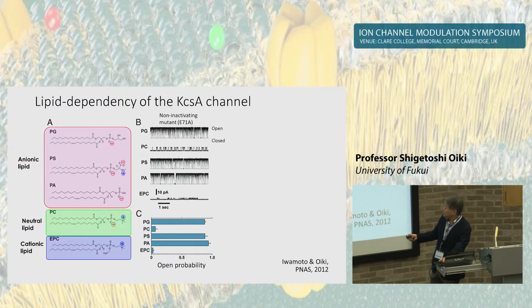Almost 100% open with these negatively charged lipids, but only 10% for the neutral PC, and the open probability is much less, less than 10%, for positively charged EPC. So anionic phospholipids keep the channel in the open state.